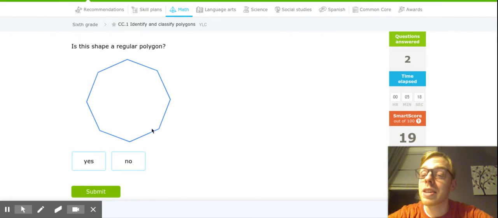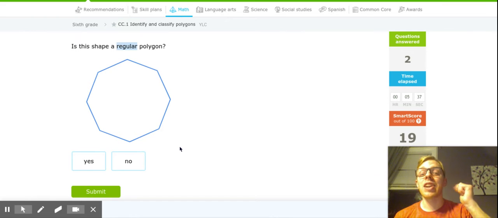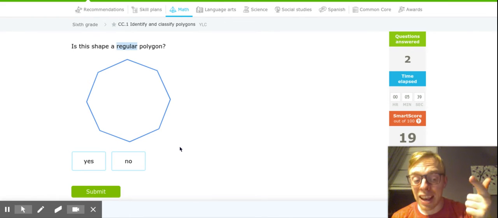All right, let's get to this one. This one's a little bit different because there's a special word up here and it says regular. Now, if you think about the word regular when it comes to polygons, it means something very, very special. It means that my shape has to have all of the same side lengths and all of the same side angles.